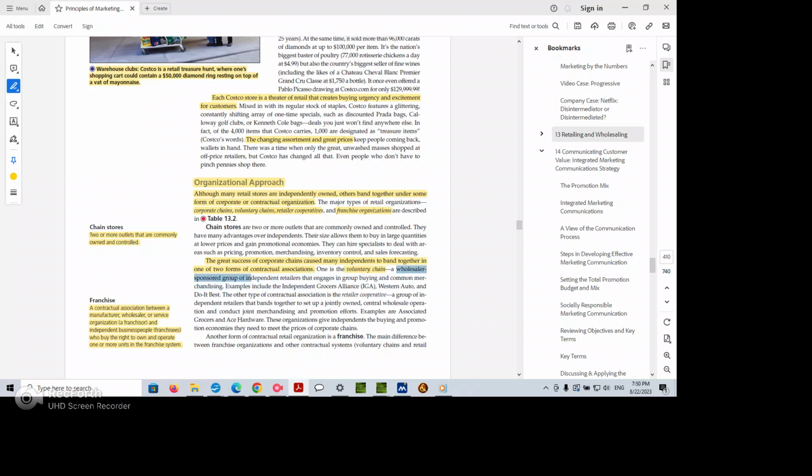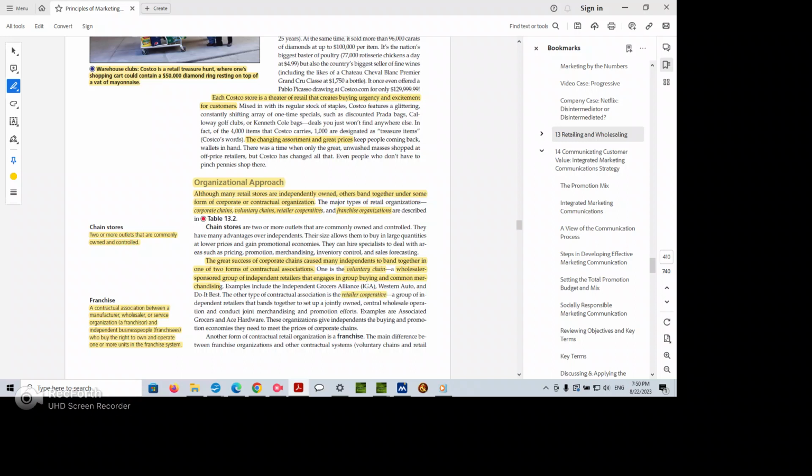One is a voluntary chain, which is a wholesaler-sponsored group of independent retailers that engage in group buying and common merchandising. Examples include Independent Grocers Alliance, Western Auto, and Do It Best. The other type of contractual association is a retailer cooperative.